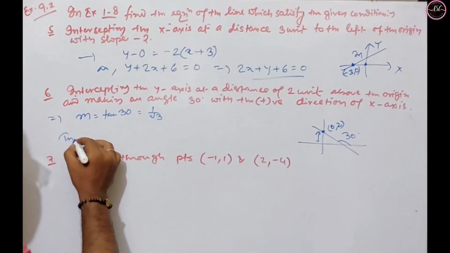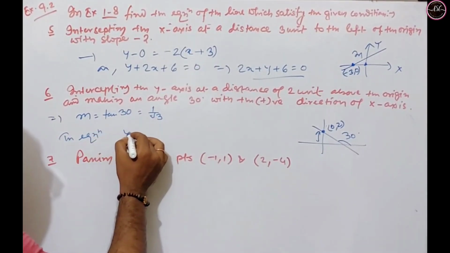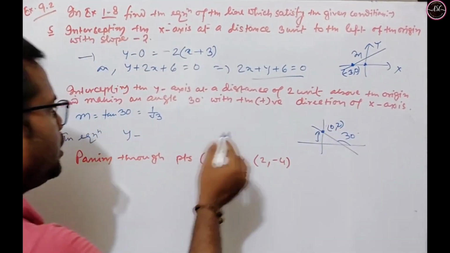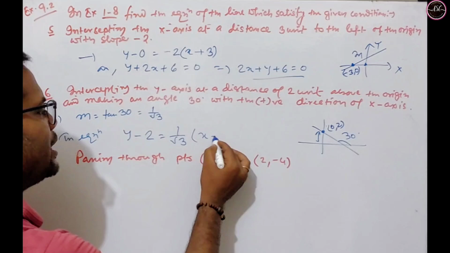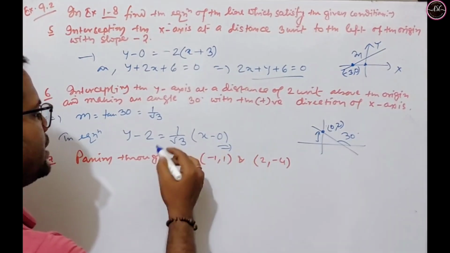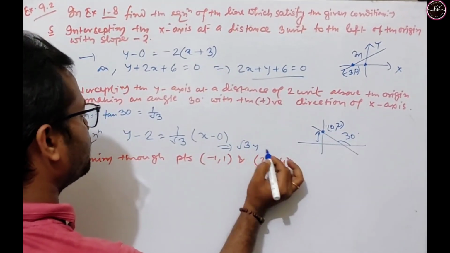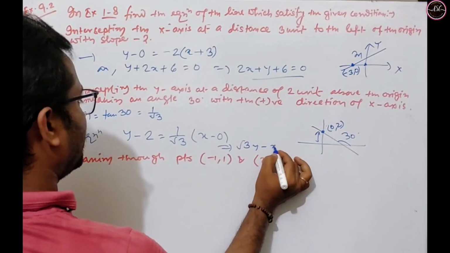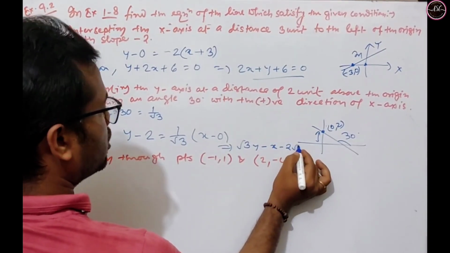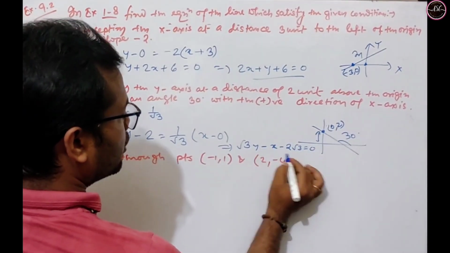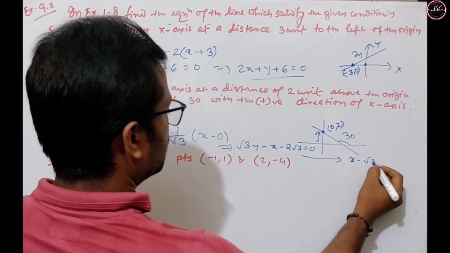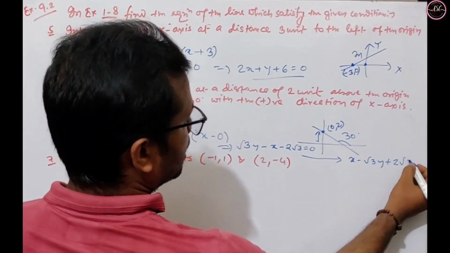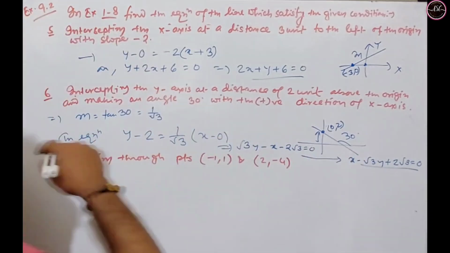So the equation will be y minus 2 equal to 1 by root 3 into x minus 0. So that implies root 3 y minus x minus 2 root 3 equal to 0, or x minus root 3 y plus 2 root 3 equal to 0 will be the equation of the line.